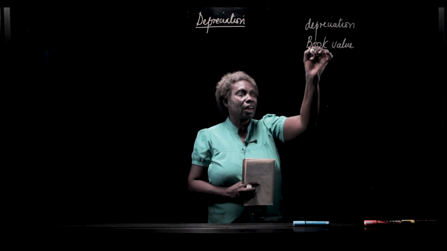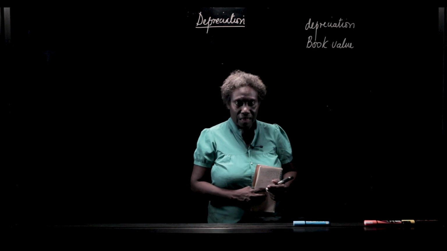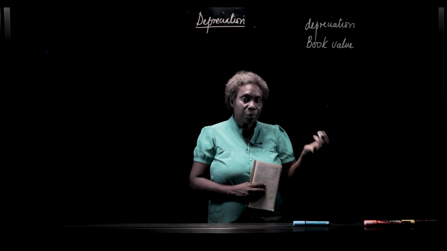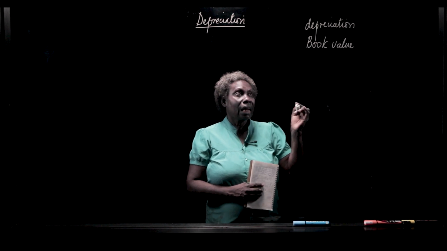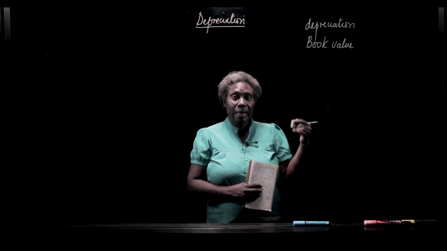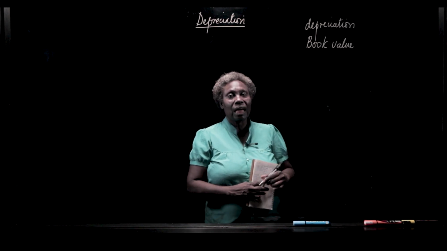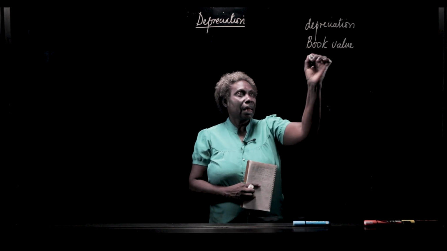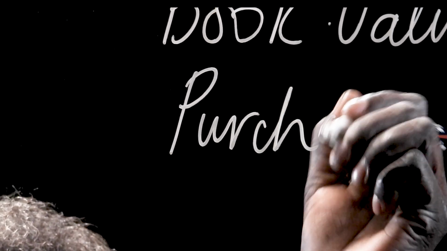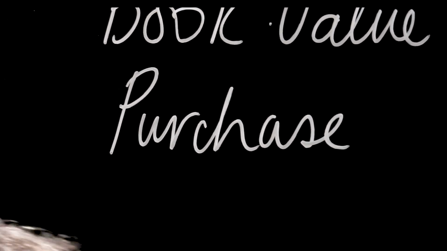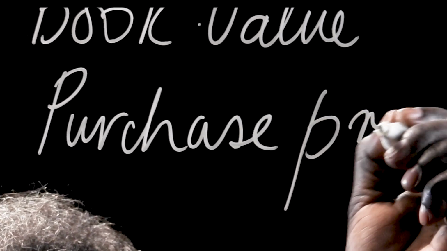What is the book value? The book value is the difference between the purchase price and the depreciation, and that is recorded in a book at the end of every year. Therefore, it is known as the book value. And we have the purchase price, which is the amount that the asset is purchased with.